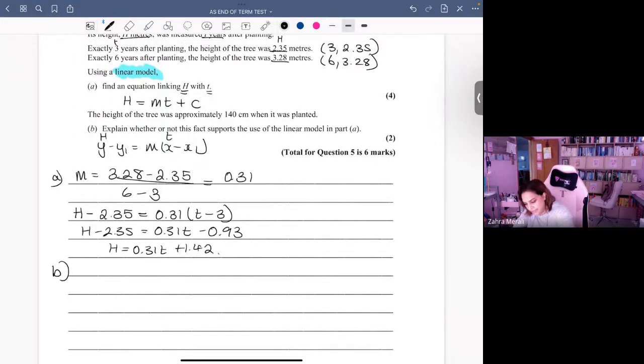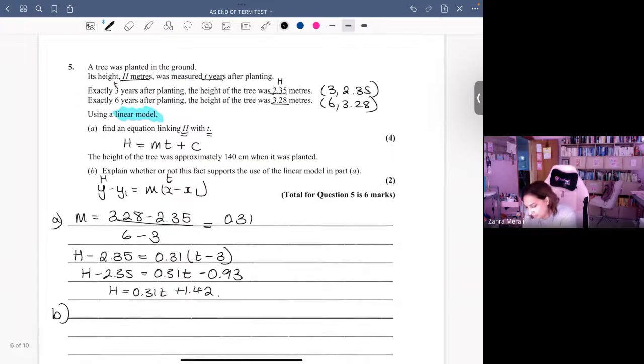Part B, we're trying to decide if it's a good model. We know the height of the tree was 140 when it was planted. So when it was planted, the number of years is 0. So we know when t equals 0 in our equation, h equals 1.42. But my units are meters, which is the same as 142 centimeters.